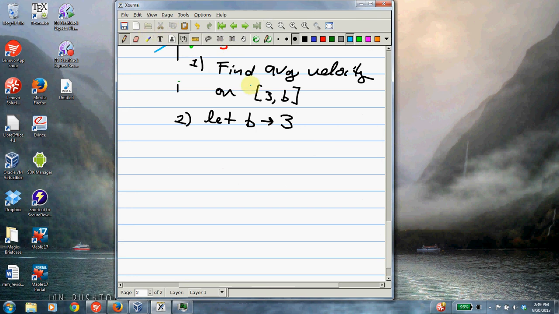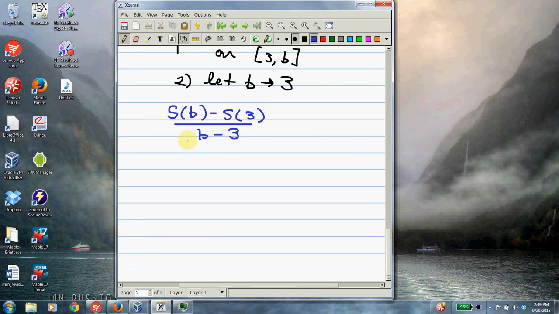So let's write down an expression for the average velocity on this interval. So first we can just use the abstract nonsense definition. So it's going to be s of b minus s of 3 over b minus 3. That's just the average rate of change formula. And so this is a real function. So this is 4.9 times b squared minus 4.9 times 3 squared, and on the bottom here I've got b minus 3.